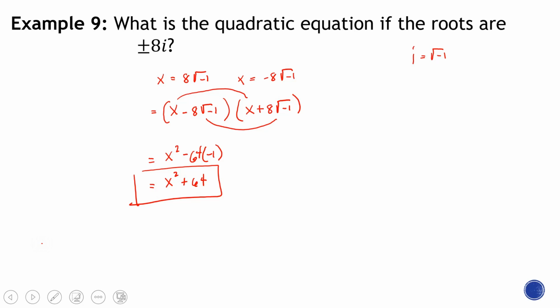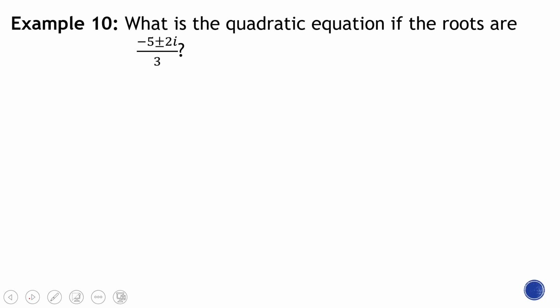Okay, let's go to the last example here. Again, we have a 2i there, so I will replace that i by the square root of negative 1. This gives us x equals negative 5 plus 2 square root of negative 1 over 3.